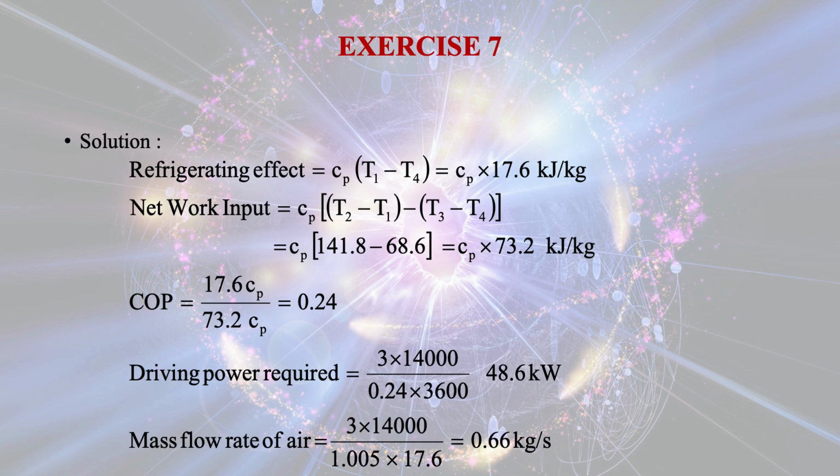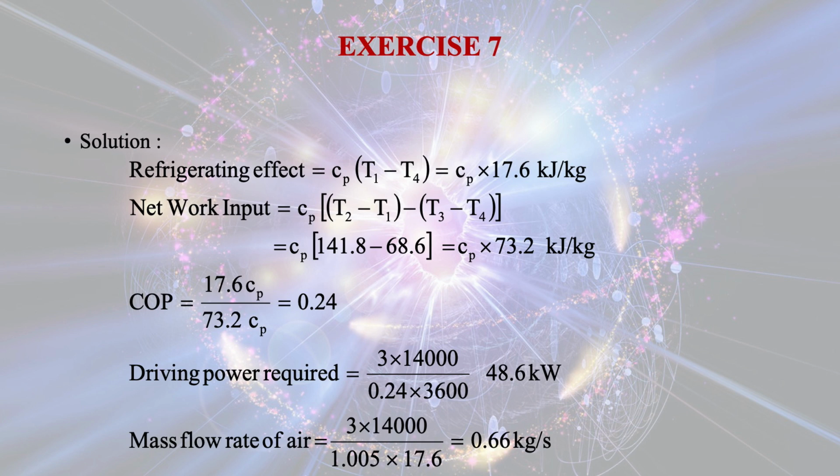Now the refrigerating effect is nothing but Cp multiplied by T1 minus T4. You know T1, you know T4, so you can calculate the refrigerating effect. That comes out to be Cp multiplied by 17.6 kilojoule per kg. Net work input you can calculate from the expression. For this problem, it is equal to Cp multiplied by 73.2 kilojoule per kg.